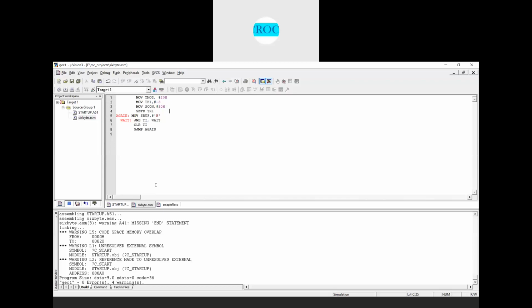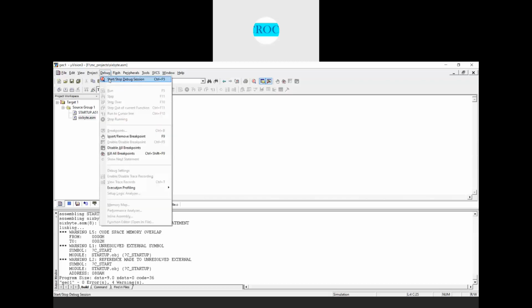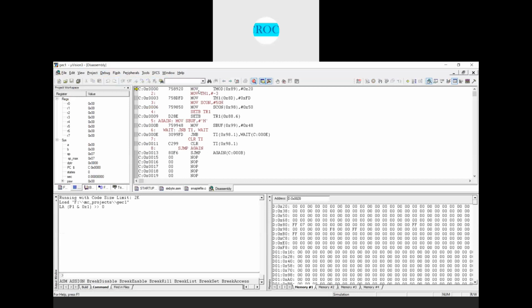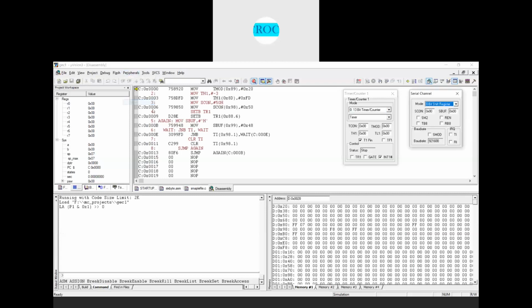Right. Now we'll run this code. Also, we have Timer 1 selected, and next we have the peripheral, the serial port, right? This is the port that we have.